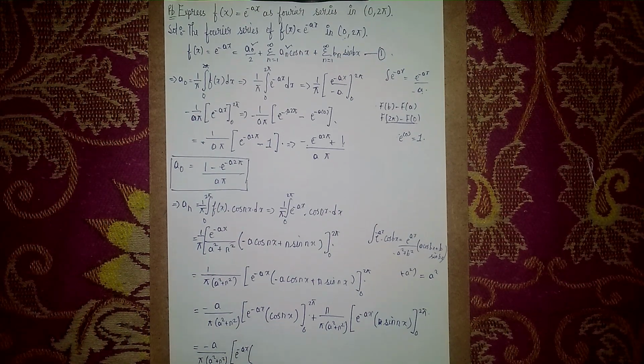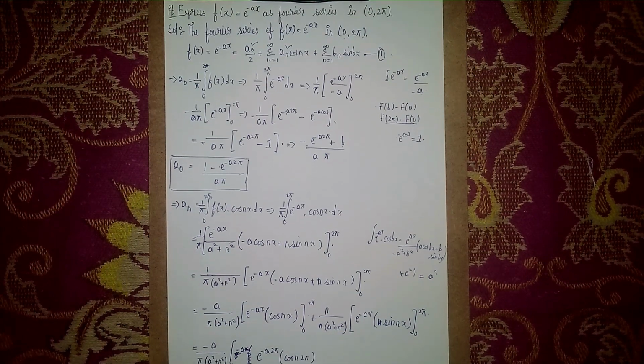Instead of x you will put 2 pi first: e power minus a 2 pi into cos n 2 pi, then minus of e power minus a into 0 into cos n into 0.